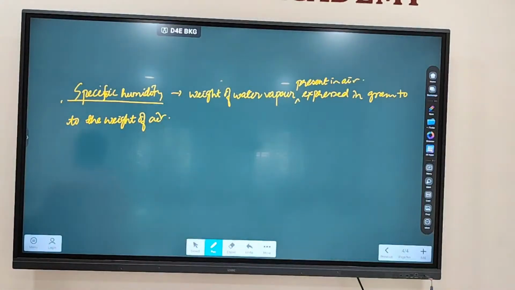So specific humidity is expressed as the weight of water vapor to the weight of air. Fine.